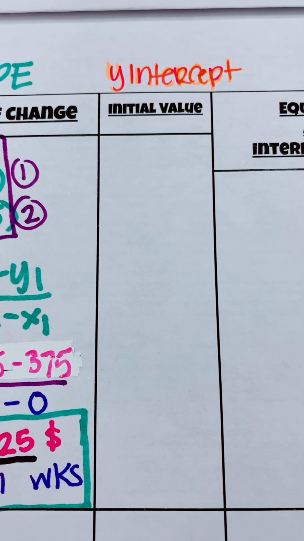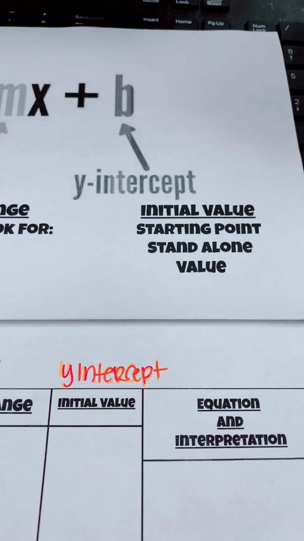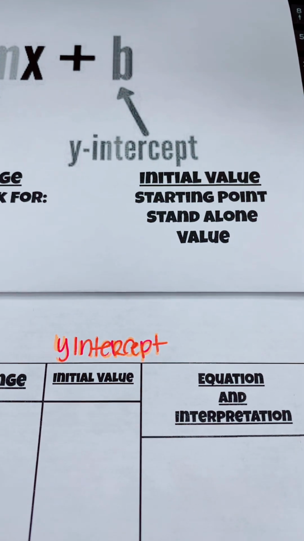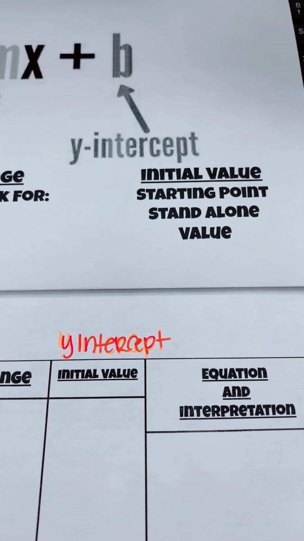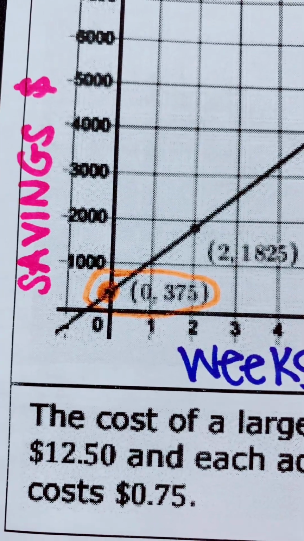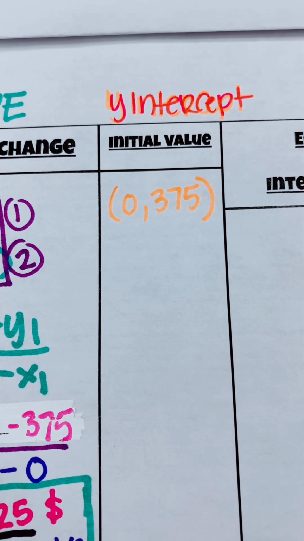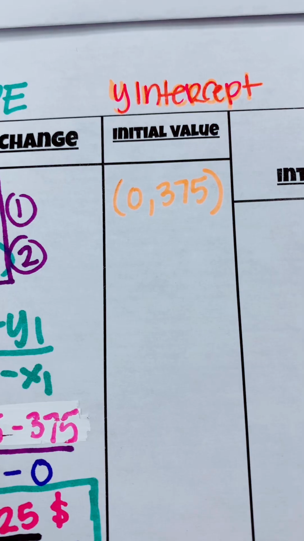Our initial value is our y-intercept. So our y-intercept is our starting point, or where it crosses the y-axis on the graph. Our line crosses the y-axis at this ordered pair. So our y-intercept is (0, 375). Now we need to interpret that.